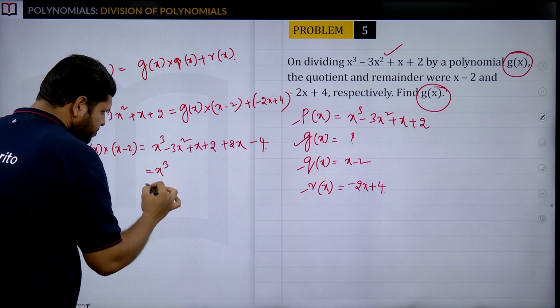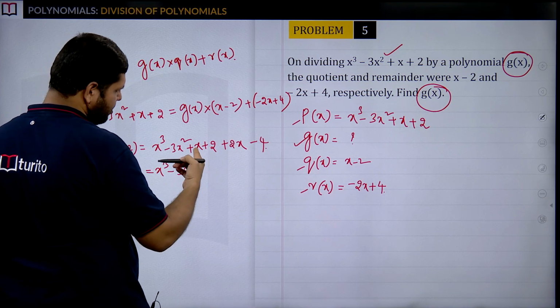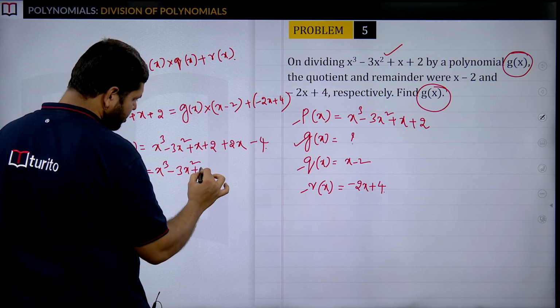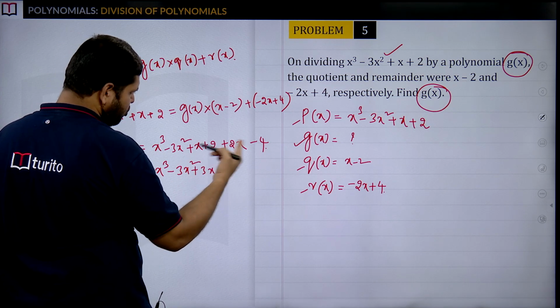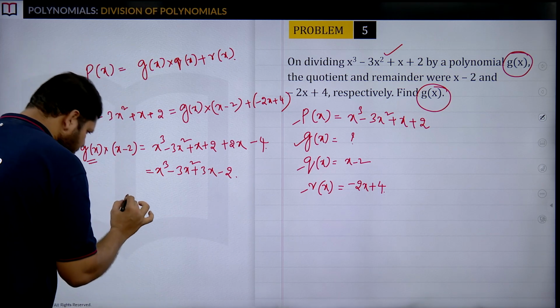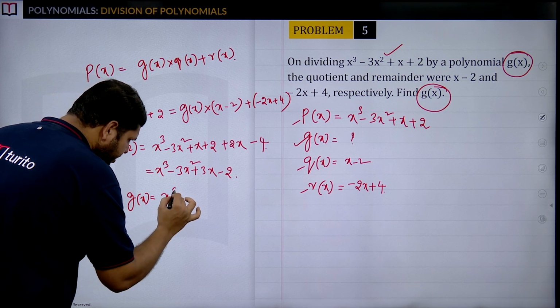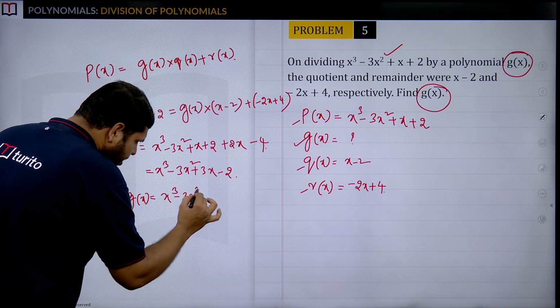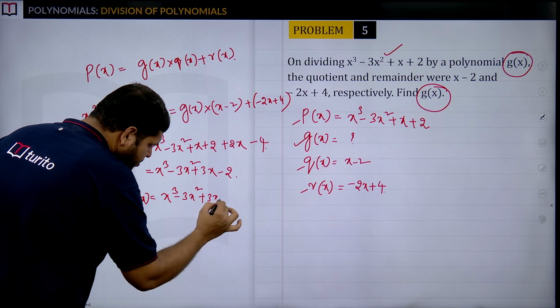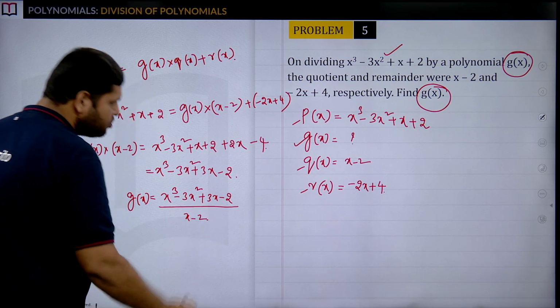So this is x power 3 minus 3x square, x plus 2x is 3x, and 2 minus 4 is minus 2. But children, I want to find g of x. So g of x I can write as x power 3 minus 3x square plus 3x minus 2, whole divided by x minus 2.